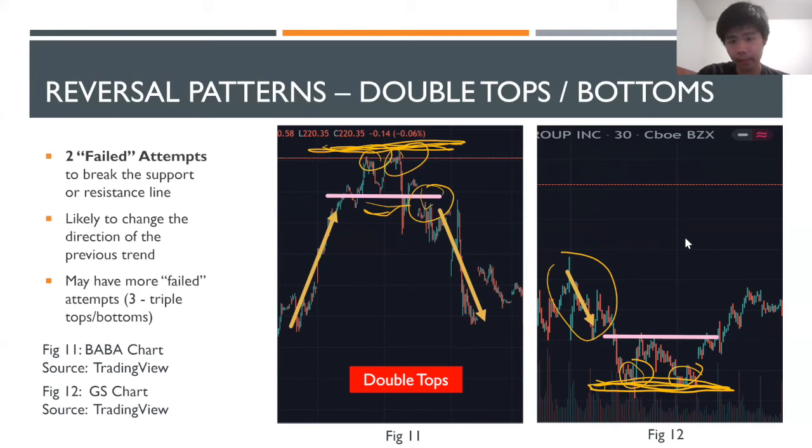And so the market might perceive it as being more confident or more relieved that they couldn't fall lower. And so when the price breaks here, it actually shoots up. And there are also more variations to these double tops or double bottoms patterns. For example, the triple tops or the triple bottoms are exactly or almost the same pattern, just with different numbers of failed attempts.